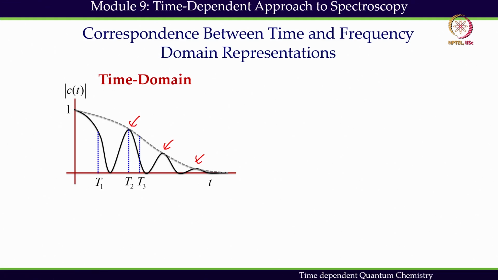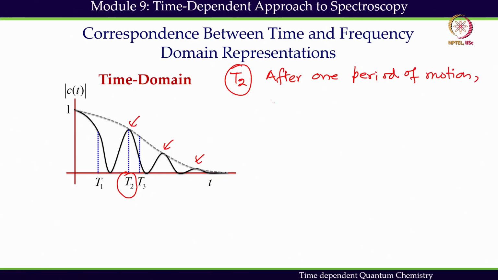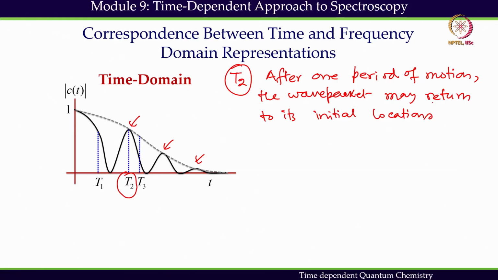So this situation, I can have another situation which will be defined by the characteristic time scale T2. After one period of motion, the wave packet may return to its initial location in position space.